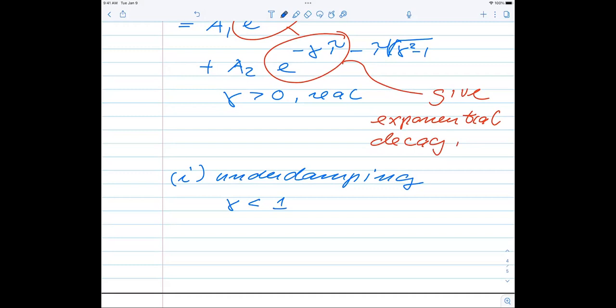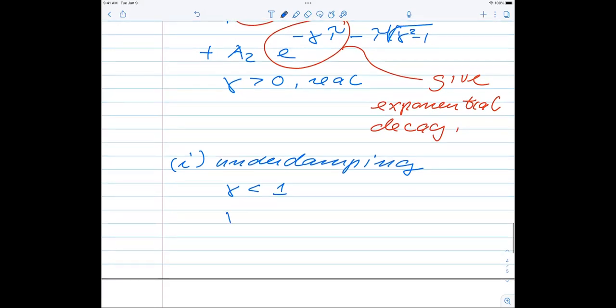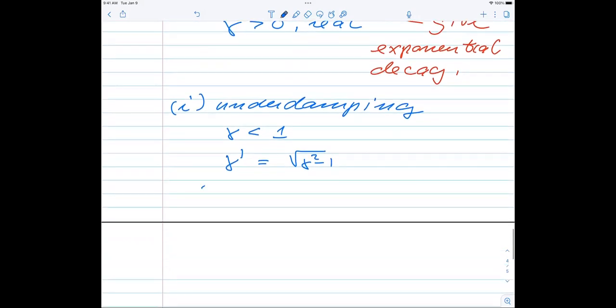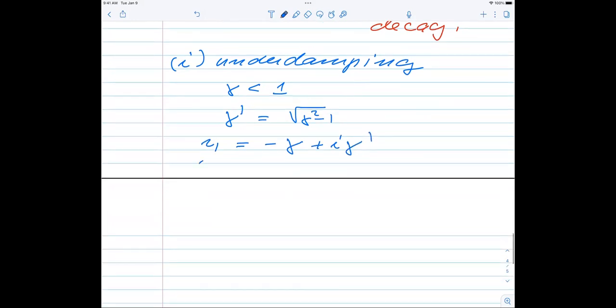And that means that we get a term, which I'm going to call gamma prime, given by the square root of gamma squared minus 1. So my R1 is now given by minus gamma, the original one, plus I times this gamma prime. And then I have my R2, which is minus gamma minus I times gamma prime.